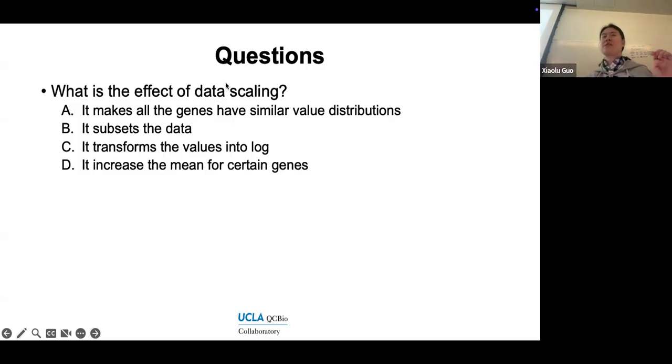Because of that, we rescale all the genes so they are all centered at 0 with standard deviation 1, which is helpful for our PCA analysis and downstream analysis. So it makes all the genes have similar value distributions. Okay.